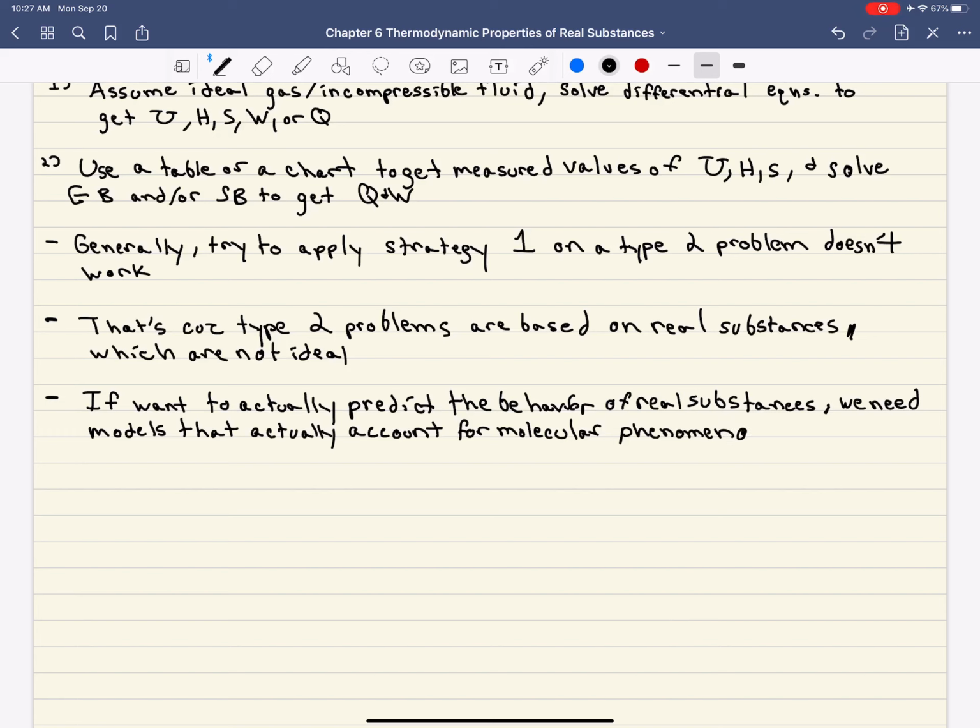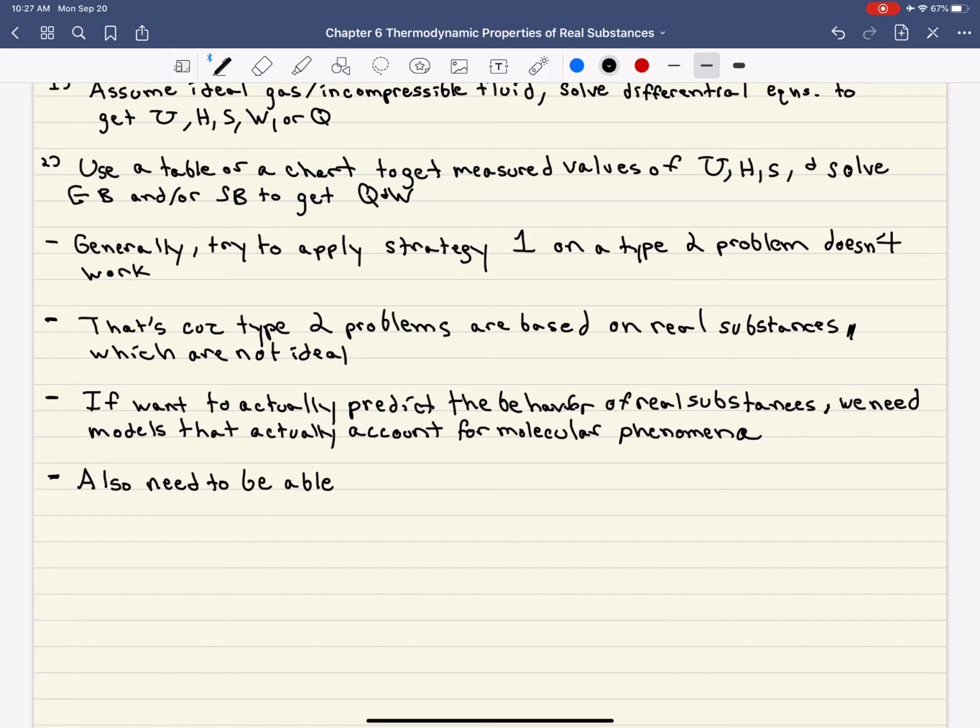At the same time, we could spend all day thinking up new sorts of models, but they won't matter unless these models actually match and are able to predict the behavior of real substances. And so to do that, we need to validate the accuracy of our models against experimental data.